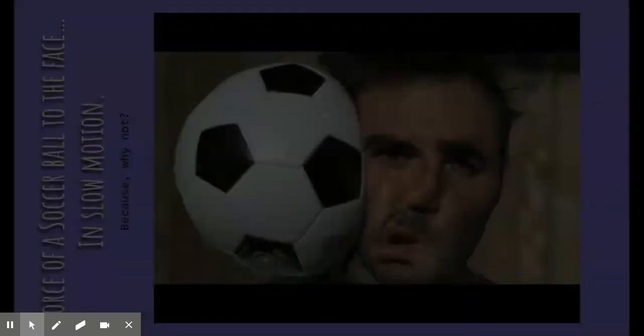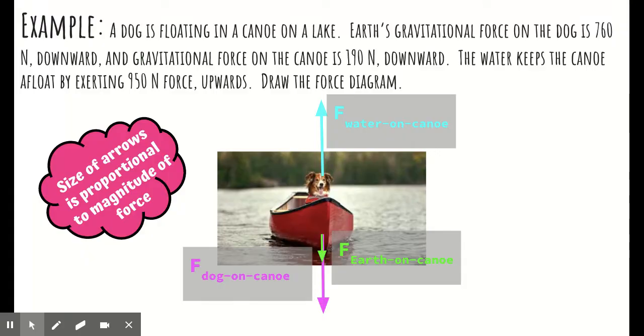If you notice, the blue one is going to be equal to the 760 plus the 190. So you've got a force of 950 going upward, and a total force of 950 newtons going downward. That's why the dog is floating and not sinking or flying in the air.